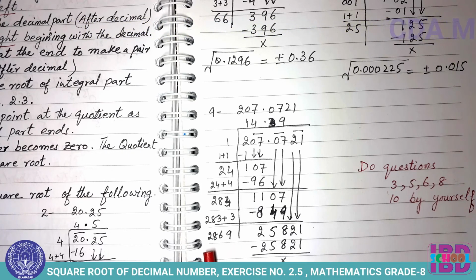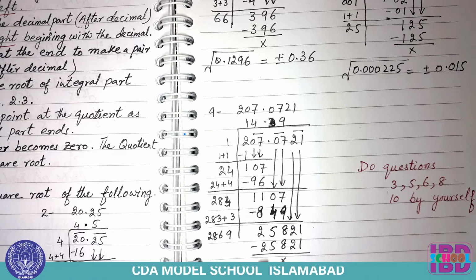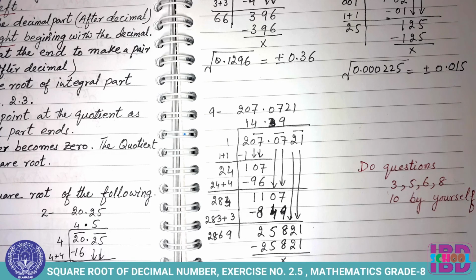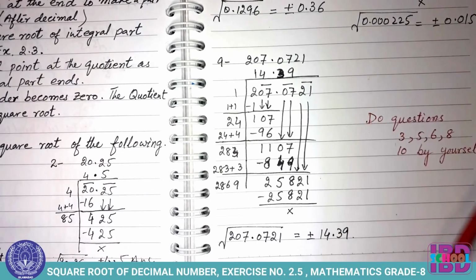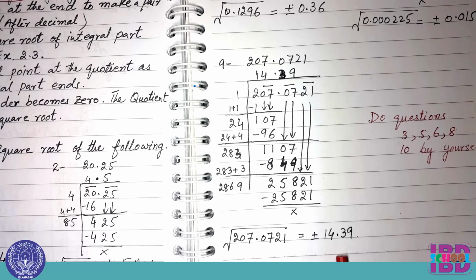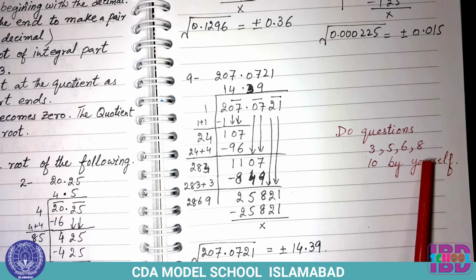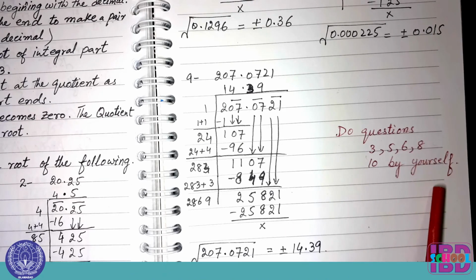When we multiply 2869 by 9, we get the exact number, that is 25821. Hence 14.39 is the square root of 207.0721.